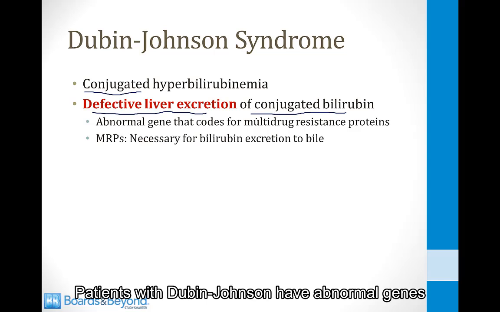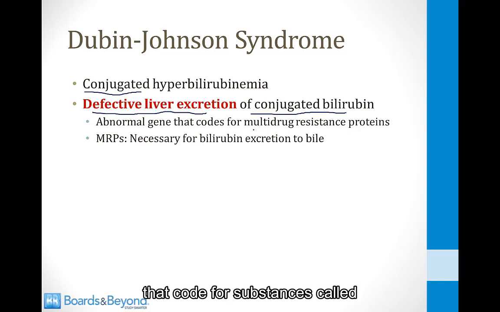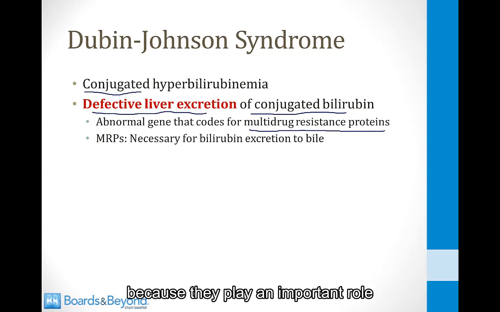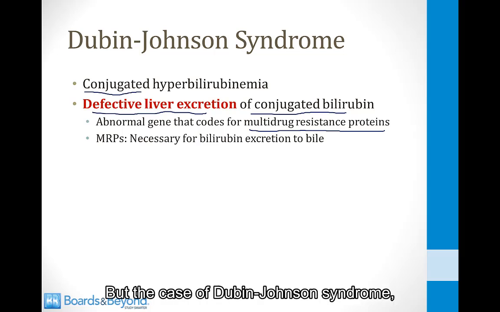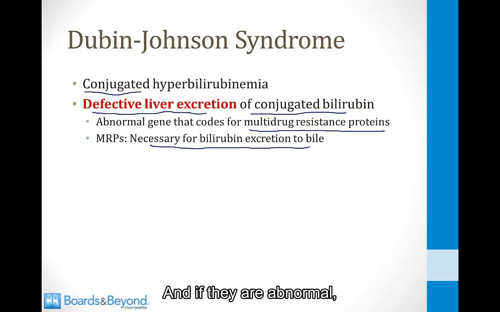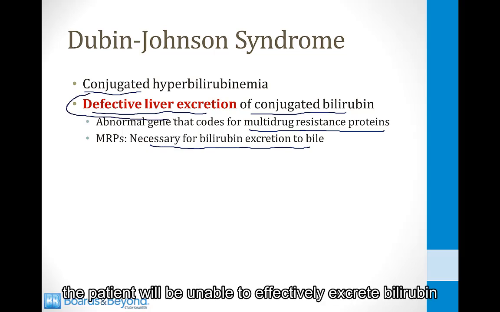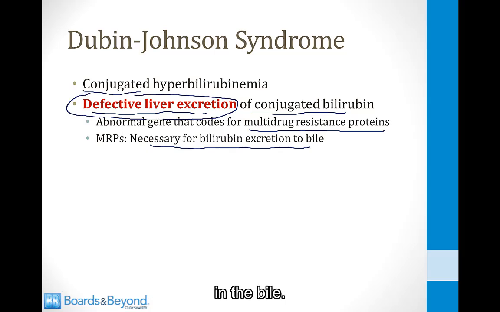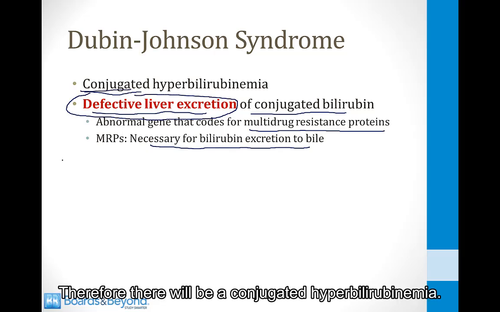Patients with Dubin-Johnson have abnormal genes that code for substances called multi-drug resistance proteins. They get these names because they play an important role in resistance to chemotherapy drugs. But in the case of Dubin-Johnson syndrome, the multi-drug resistance proteins are necessary for bilirubin excretion into the bile, and if they are abnormal, the patient will be unable to effectively excrete bilirubin in the bile. Therefore, there will be a conjugated hyperbilirubinemia.